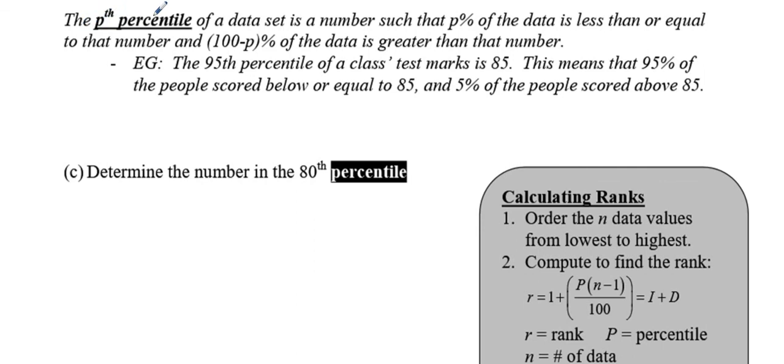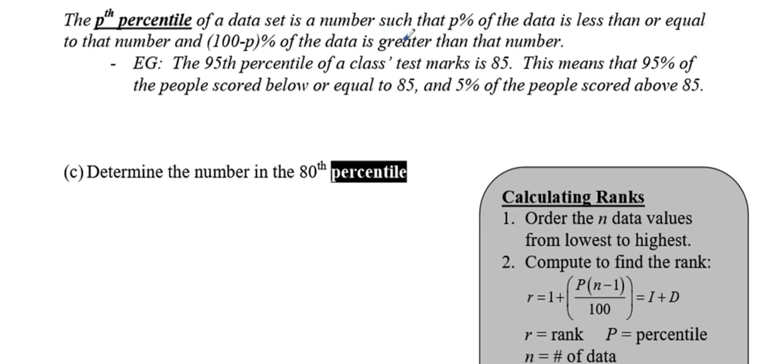So the pth percentile, let me use a number like the 95th. The 95th percentile of a set of data is a number such that 95% of the data is less than or equal to that number, and 100 minus 95, which is 5%, of the data is greater than that number. Let me show you this in an example.